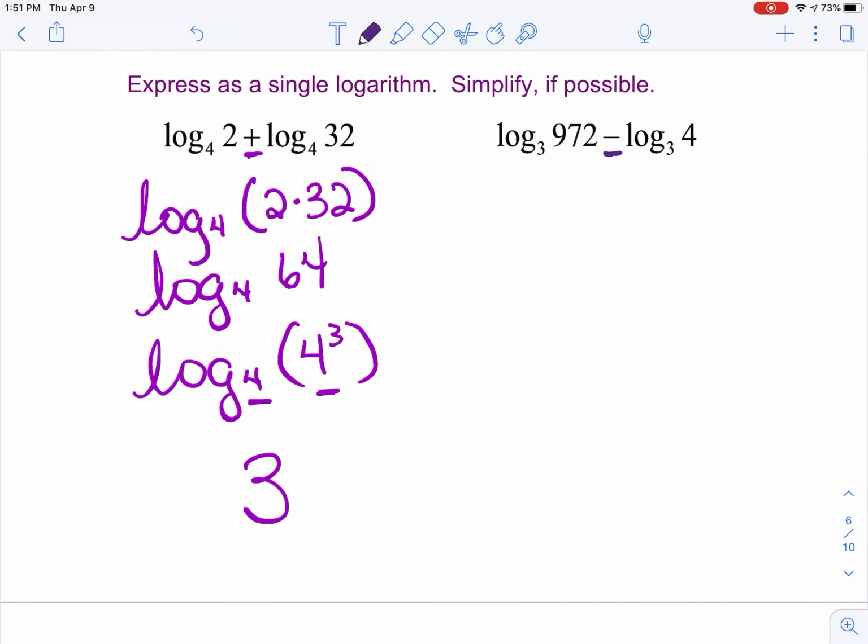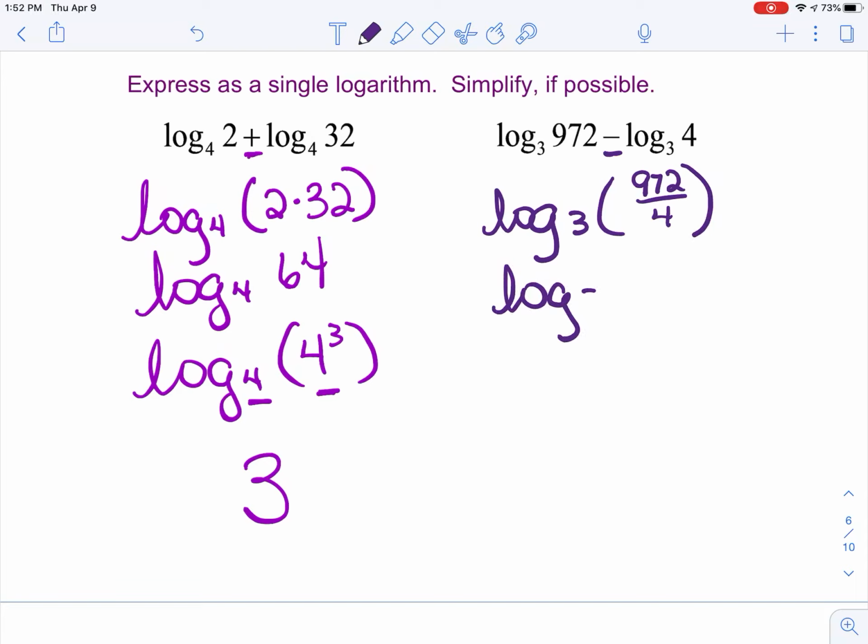If we are subtracting, what does that mean? That means that we're going to divide. So we have log base 3 of 972 divided by 4, since we're subtracting. That gives me log base 3 of 243, since 972 divided by 4 is 243. Now, let's see if we can make those the same base.